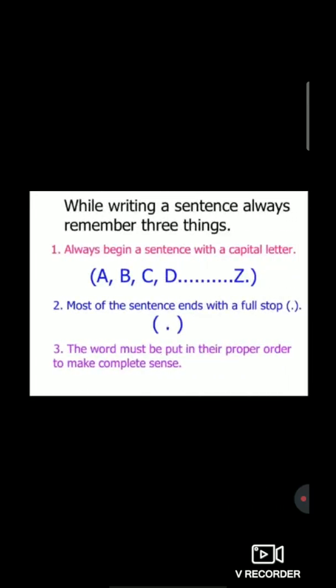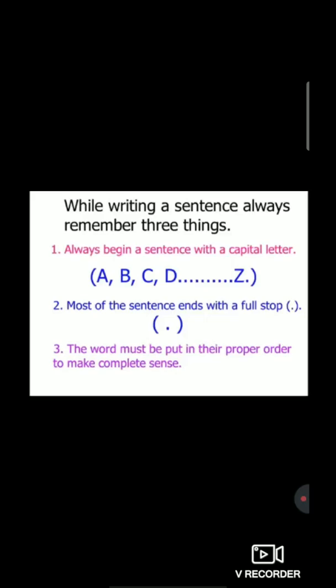So students, there are 3 rules that we have to follow while writing a sentence. Always remember 3 things. Now let's see which are those things.